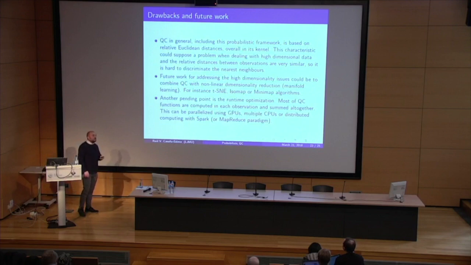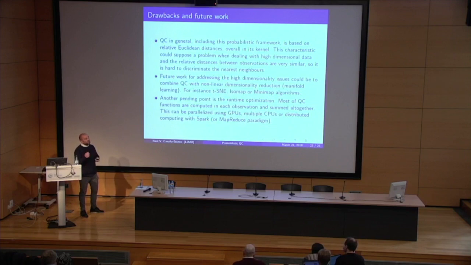When you are dealing with high-dimensional data, in high-dimensional space, more or less all distances are similar. There are problems when you try to find the wave function or the potentials based on the length scales, because at some point you either discriminate all the points or none of the points. So quantum clustering has problems dealing with high-dimensional spaces.